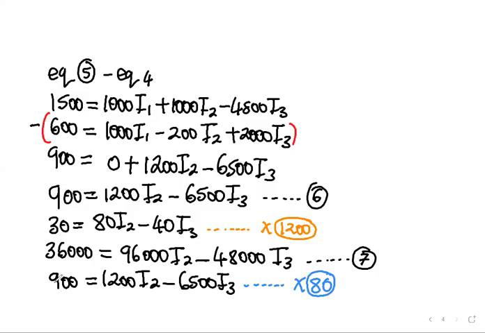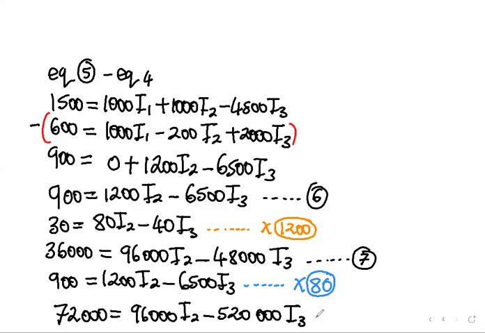So as we multiply it by 80, here it will be 900 times 80, that's going to be 72,000. It's equal to, then 1200 I2 times 80 is going to be 96,000 I2, and then negative 6,500 I3 times 80 is going to be minus 520,000 I3. So that is equation number 8.